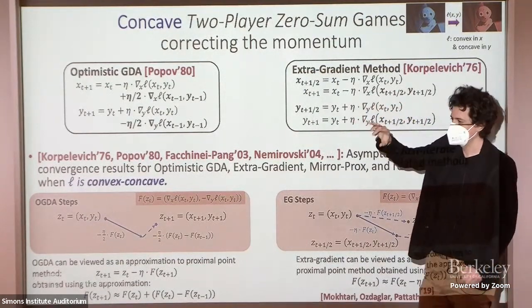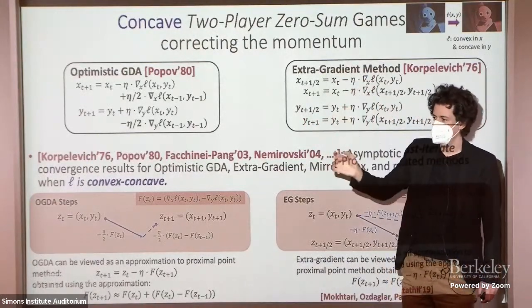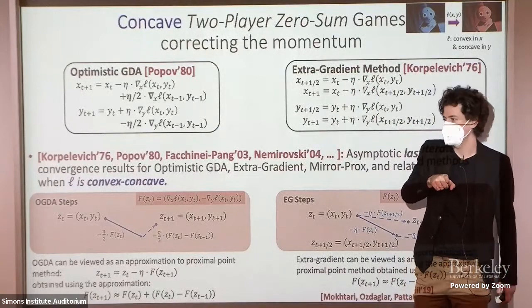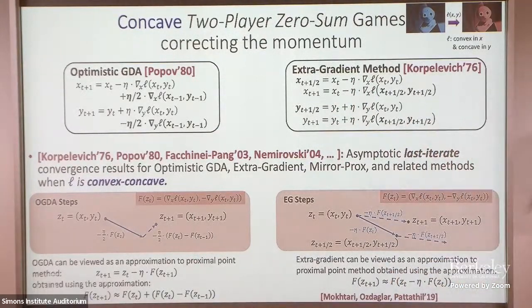So for both these methods, we know results for the average iterate, also maybe the best iterate, and asymptotic only for the last iterate. Okay, so that's that.